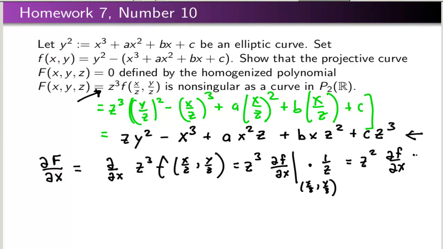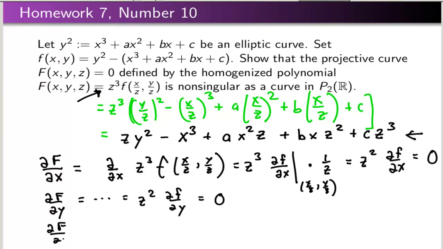And you're going to want to set that equal to 0. And then you do partial f, partial y, and you'll set that equal to 0. So what does it come out to be? Probably the same thing. And then you'll have partial f, partial z. What's partial f, partial z here?